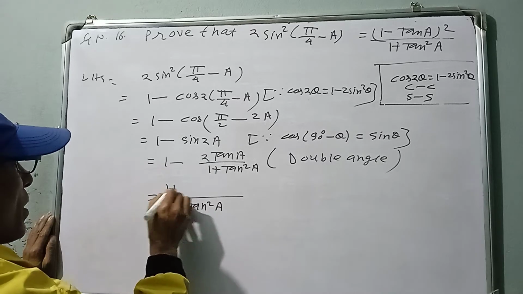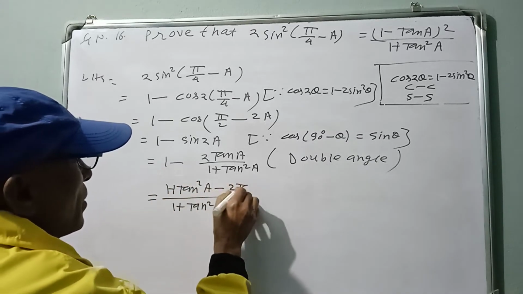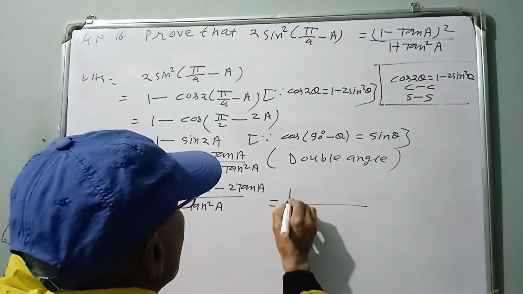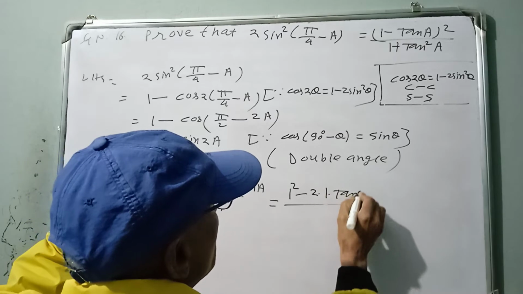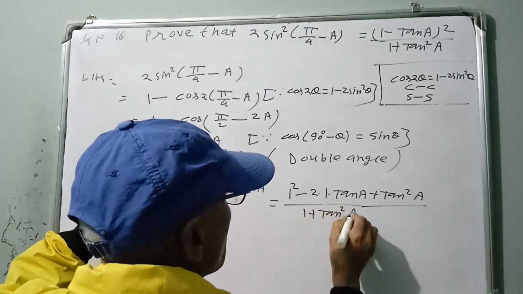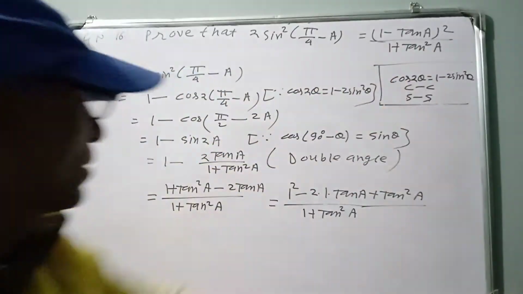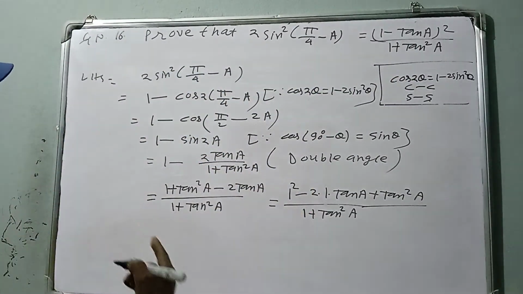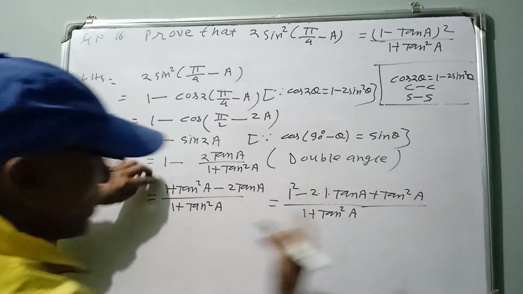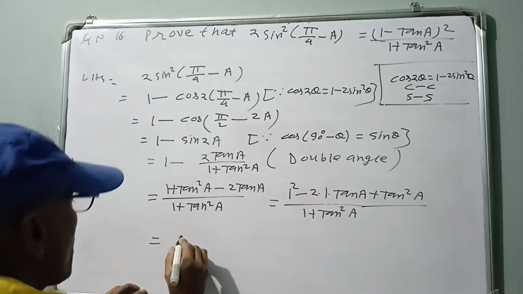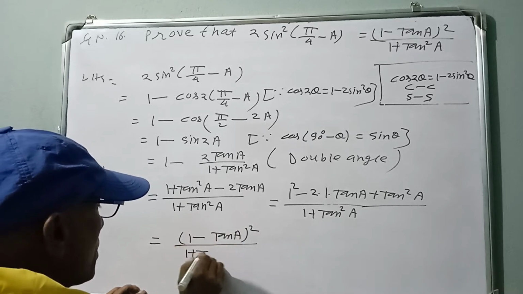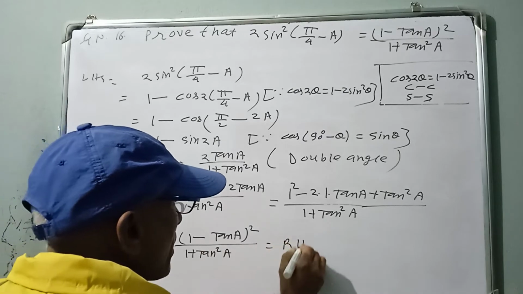Then this into this: 1 plus tan square A minus 2 tan A. Now 1 plus tan square A, you can write in this way: 1 square minus twice A B plus B square upon 1 plus tan square A. 1 plus tan square A is also sec square A. Arranging into the square form: 1 square minus 2 into 1 into tan A plus tan square A. A square minus twice AB plus B square is (A minus B) whole square upon 1 plus tan square A, right hand side.